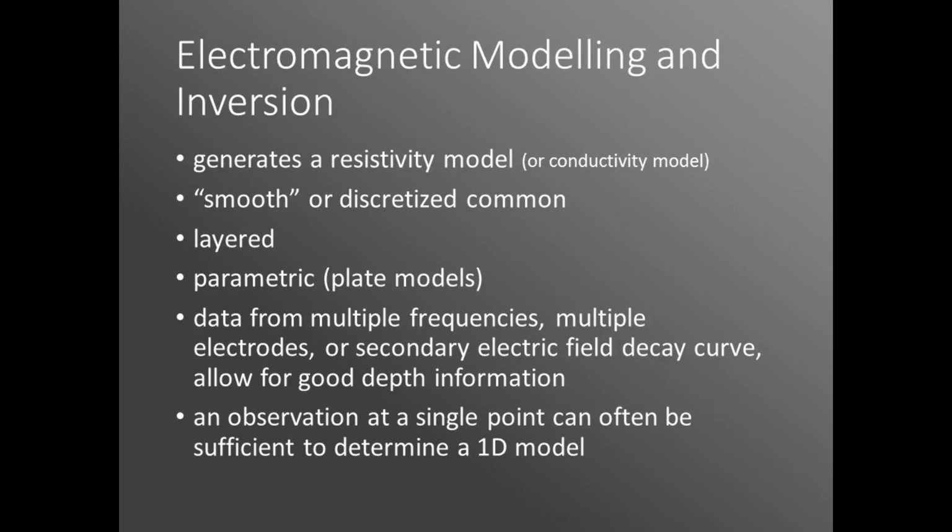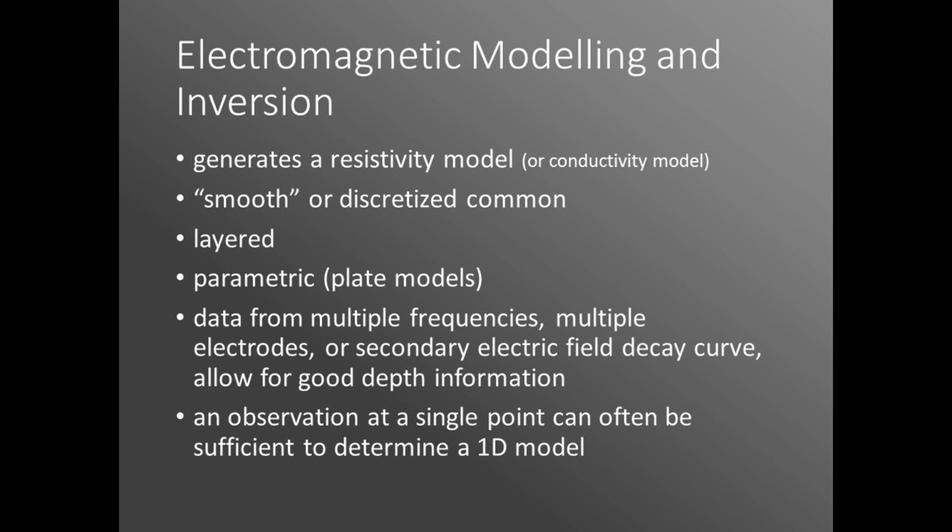Okay, so just a little bit of talk on, since we're going to see a lot of results on the electromagnetic data today, what happens when you do an inversion with electromagnetic data? You get either a resistivity model or conductivity model back, because that's the physical property that the technique is sensitive to. It's pretty common to see results, and I'll be showing some, from either a smooth or a discretized model, like I showed you.